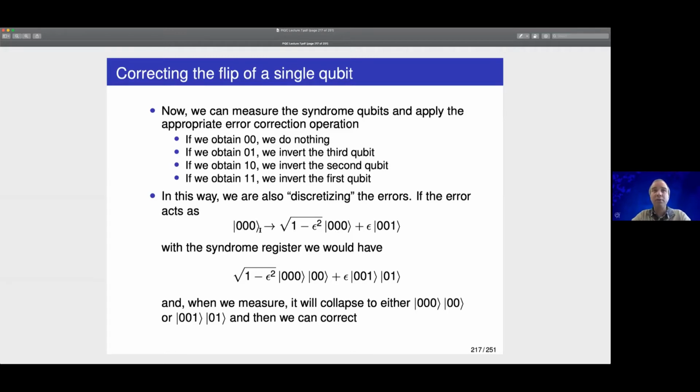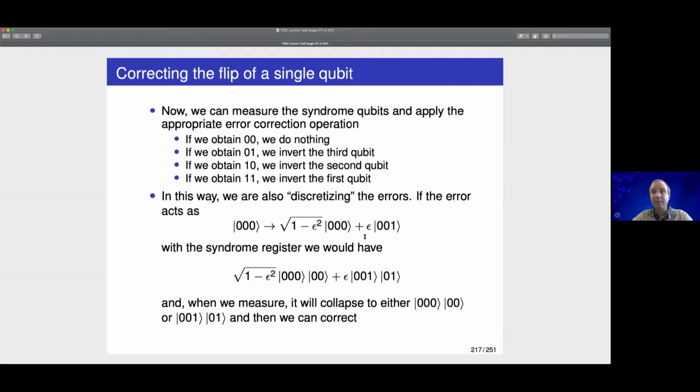So the most general situation that we can have in which one qubit turns a little bit from 0 to 1 or from 1 to 0 is, for instance, this situation here. So imagine that the third qubit is the one that changes, but it changes just a little bit towards 1, and it is still in state 0 with some amplitude, okay? So imagine that this is very, very small, so we have a small error.